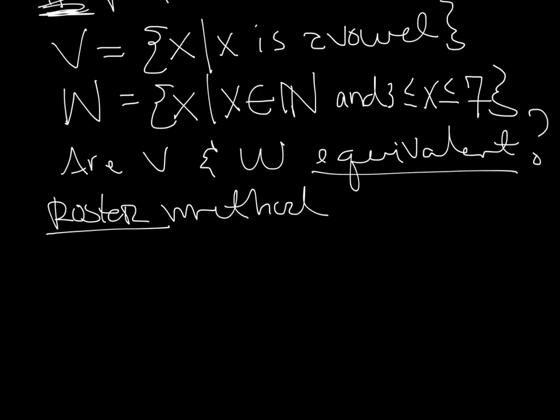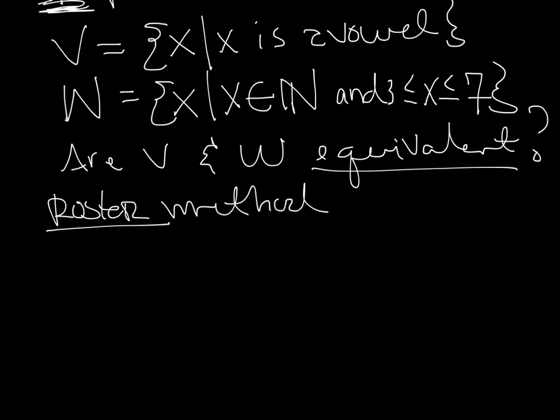So if we write V in roster method, all X, meaning they're probably talking about the alphabet, because we see vowel, X such that a certain restriction happens. X is a vowel.